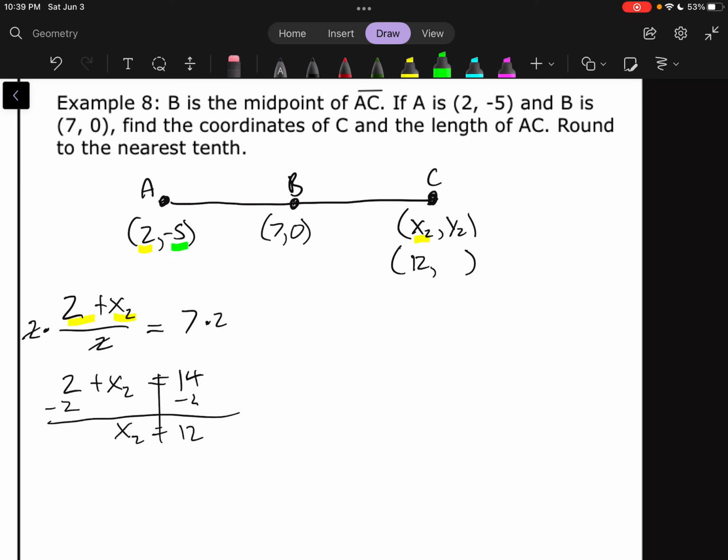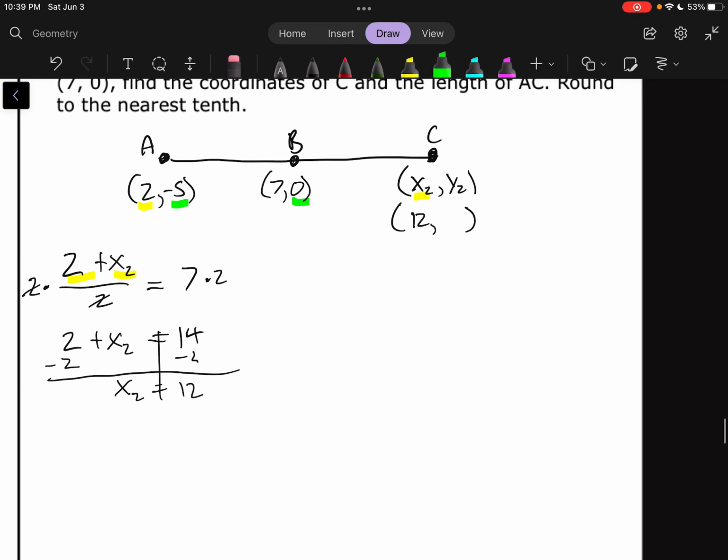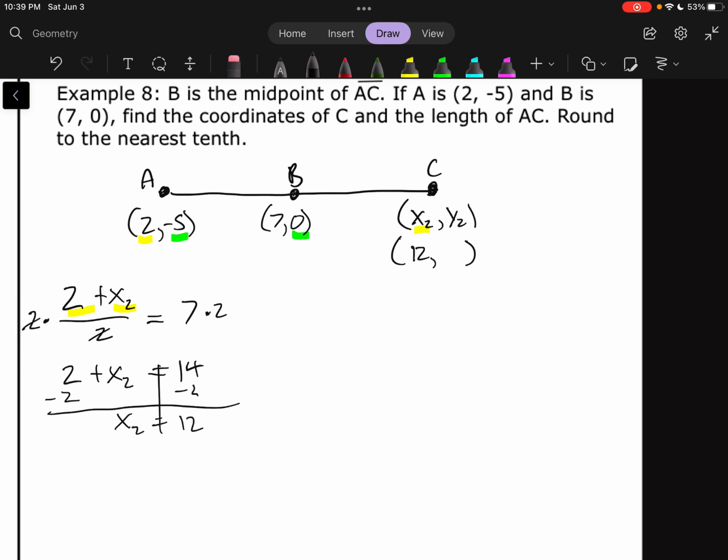Now let's handle the y's. For the y's, I'm going to do -5 plus y2 all over 2 equals 0, because that's the y value of the midpoint.